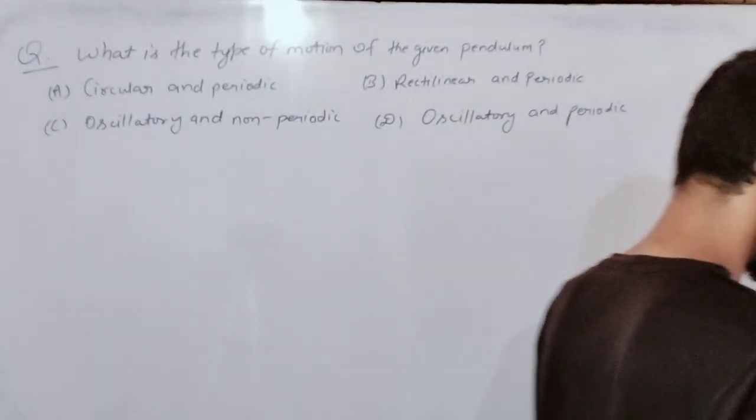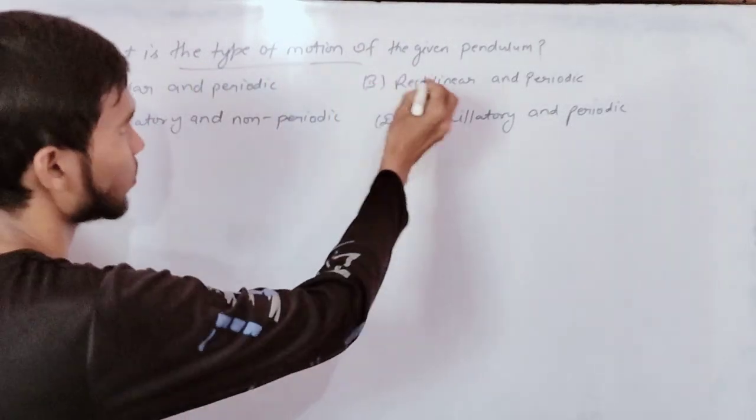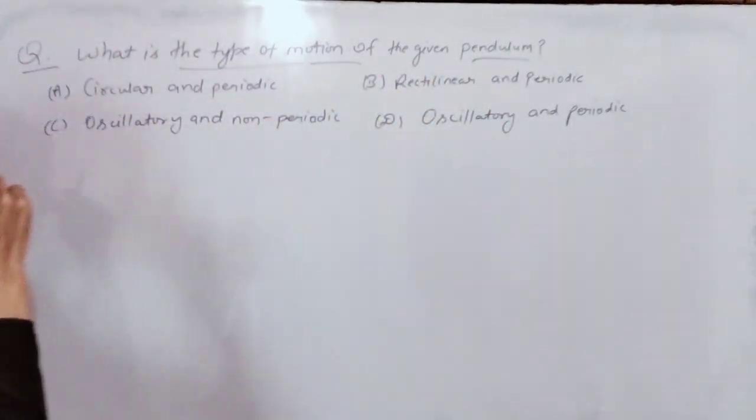This is the next question. Tell me which option will be correct for this question. Here we have a pendulum of a clock. What is the type of motion of the given pendulum? The pendulum looks like this.